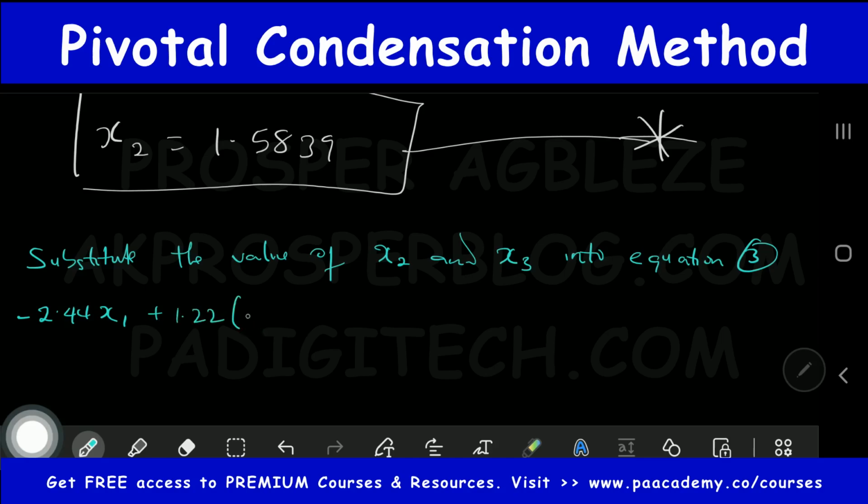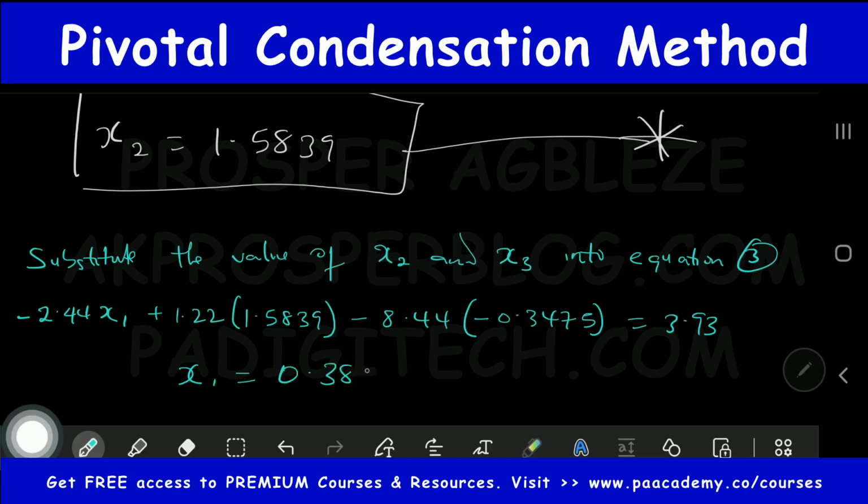The value of our x2 is 1.5839, then minus 8.44, and our x3 we got that to be minus 0.3475, then equals to 3.93. If you simplify this, you are going to get your x1 to be equals to 0.3833.